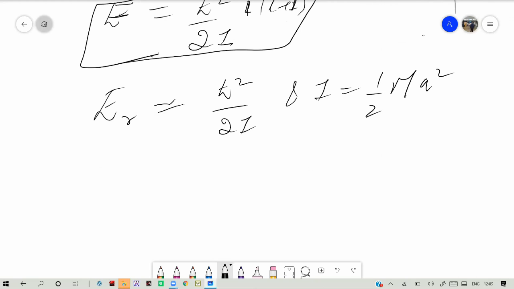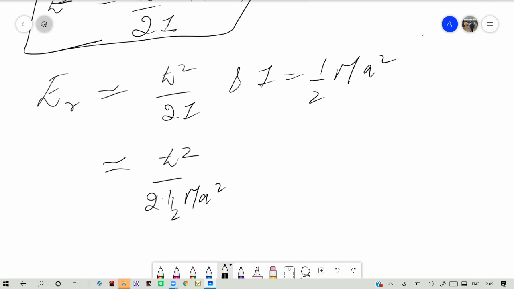So I can write 2I as 2 into 1 by 2 m a square, or I can write it as h cut square into m divided by m into a square, and I multiply by small m.